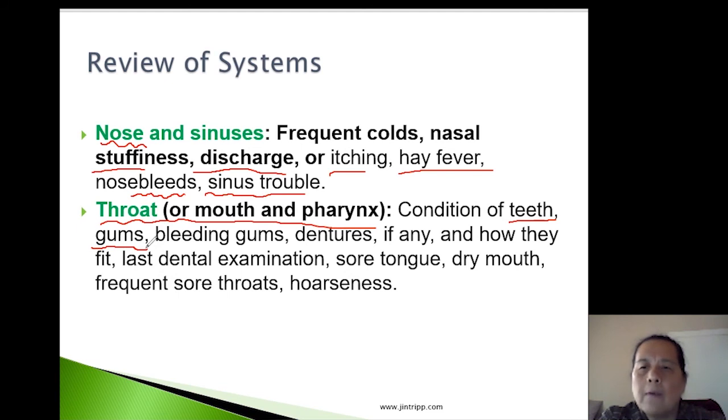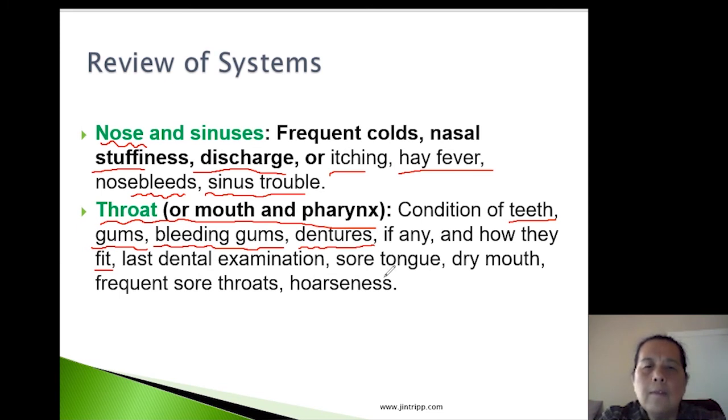Some people have ulcers on the gums, or maybe easily bleeding gums. And some have dentures on the teeth, and if they have fixed ones, we record which one.